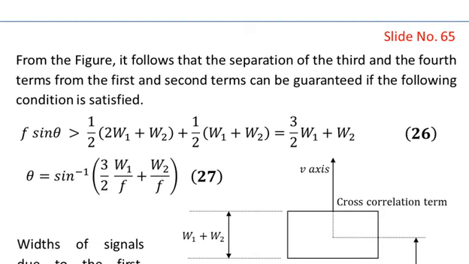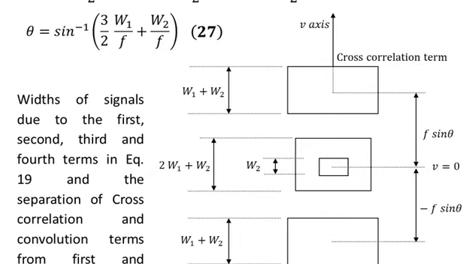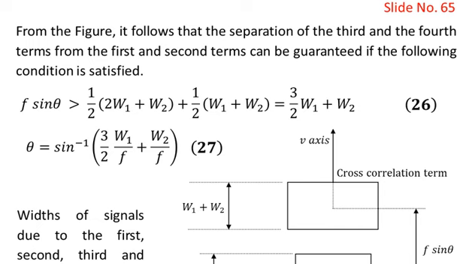From the figure it follows that the separation of the third and fourth terms from the first and second terms can be guaranteed if the following condition is satisfied. The separation parameter is f sine theta. The cross correlation term is separated by f sine theta, and the convolution term is displaced by the same distance, minus f sine theta. The condition is that f sine theta should be greater than half of 2W1 plus W2 plus half of W1 plus W2.